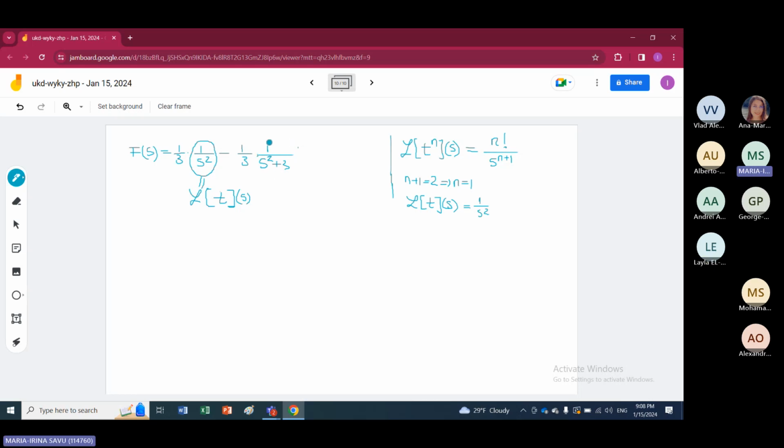And this one written in this way, 1 over 9 times 3 over s, well, 9, not 3, sorry, square root of 3. And here I have 3 square root of 3.